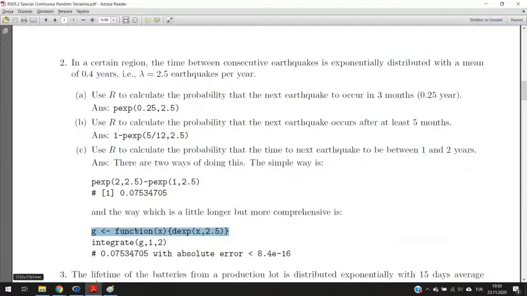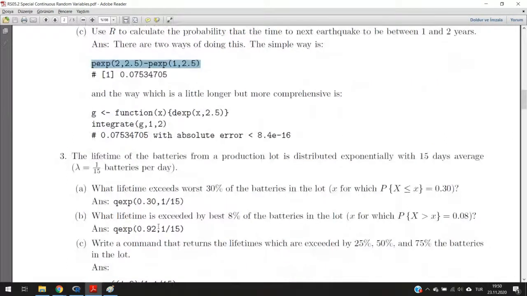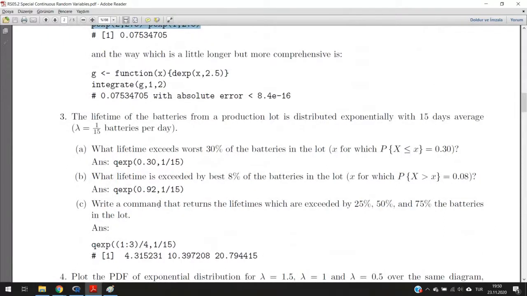Okay, so there are two ways. Of course, the way that we have used above is much easier than the way that we have used below. In another question, we are going to practice the inverse CDF of the exponential random variable. It says the lifetime of the batteries from a production lot is distributed exponentially with 15 days average.